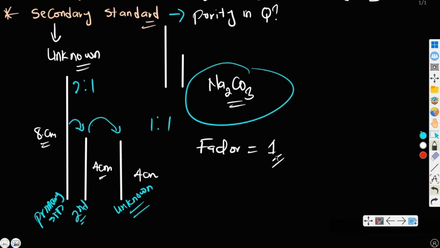That means a situation where they say don't standardize. You are not standardizing anything, just calculate. Your factor must be how many? 1. Is that okay? So now we've been able to distinguish between primary standard and secondary standard, and also what standardization is, and how we can use standardization to get the unknown.